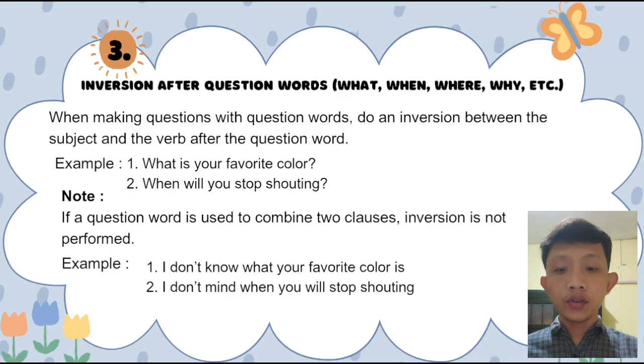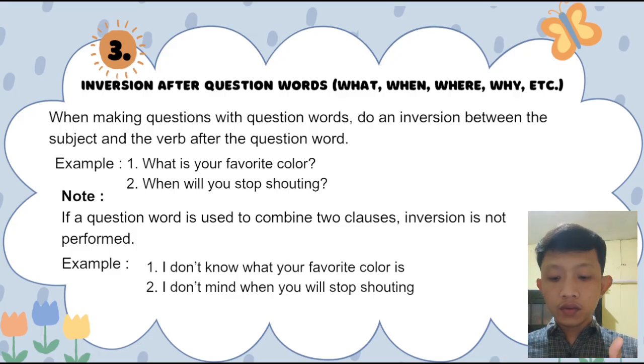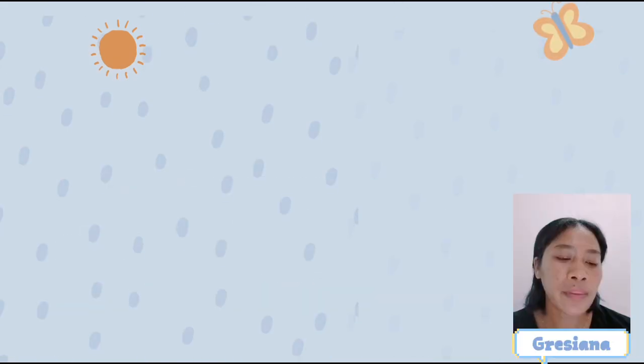When will you stop shouting? Note: if a question word is used to combine two clauses, inversion is not performed. Example number 1. I don't know what your favorite color is. Number 2. I don't mind when you will stop shouting.